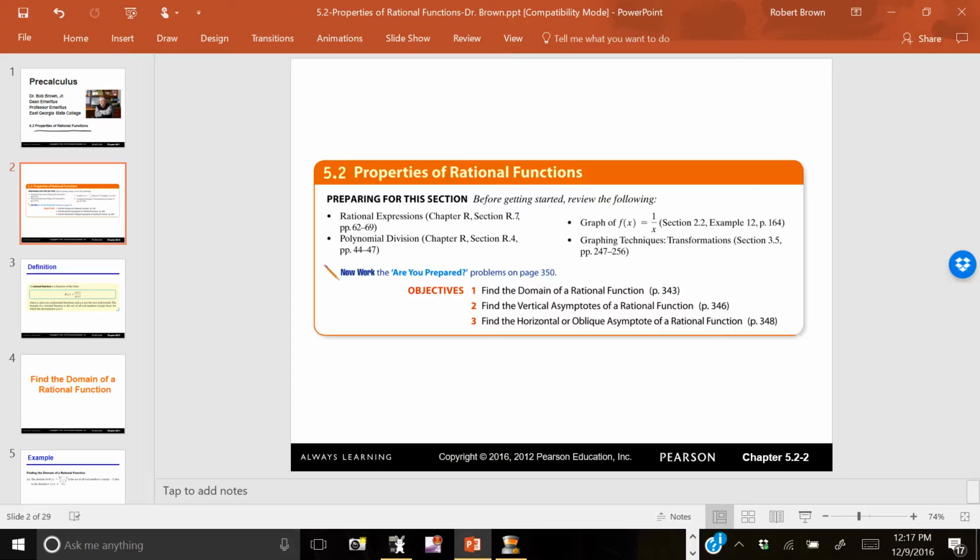First of all, we're going to find the domain of a rational function, that is, all the values of x that you can substitute into the equation. Then we're going to look at what we call the vertical asymptotes of a rational function, and then look into what we call the horizontal and in some cases oblique asymptotes of a rational function.